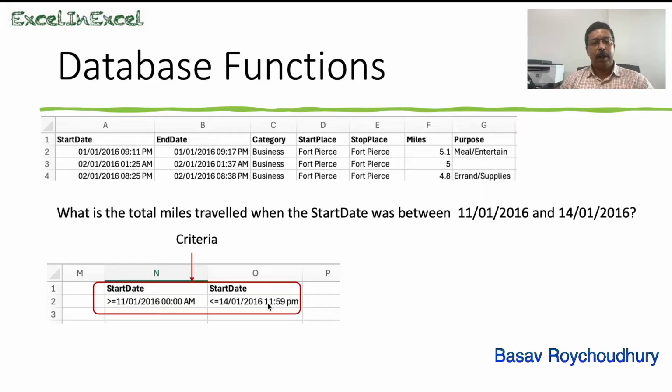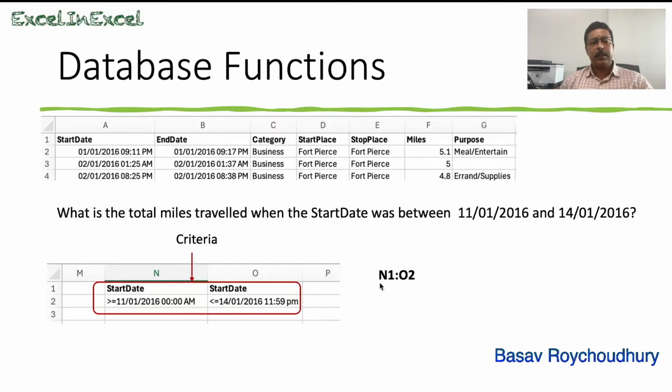So if we avoided the time, it would have taken the start date as less than or equal to 14 January 2016 00:00 am. In other words, it would have given the result only up to 13th January, because just when the 13th January ends, 14th January starts, and that starting time would have been considered if the time was not specifically mentioned. If the data set did not have the time, of course we didn't have this problem.